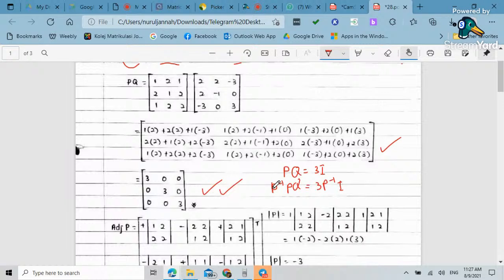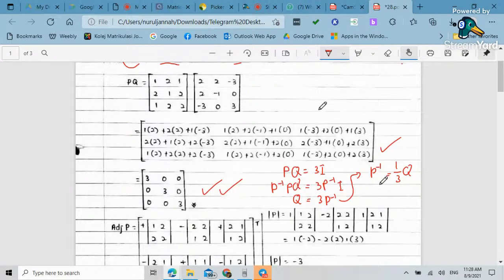Here P inverse P gives identity, so identity Q gives Q. So you will get P inverse equal to 1 over 3 Q. This is how you deduce P inverse from PQ equal to 3I.